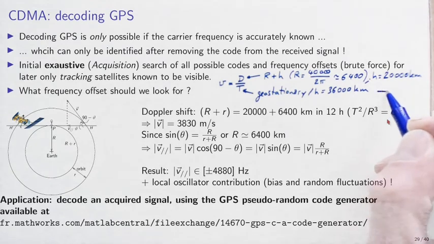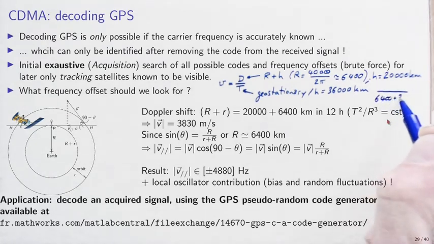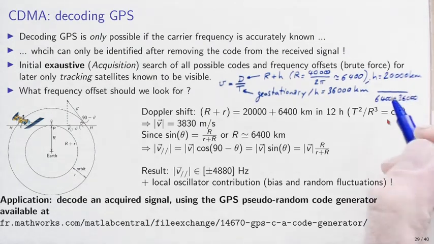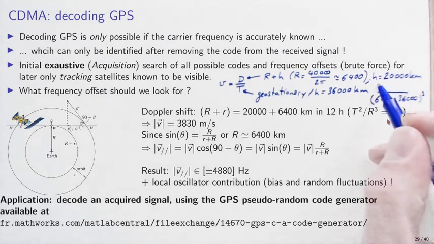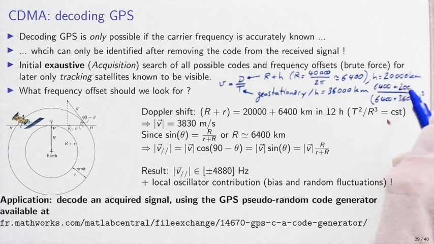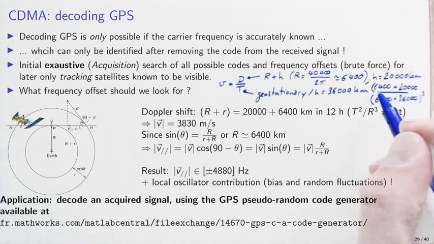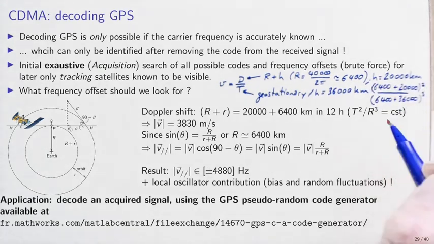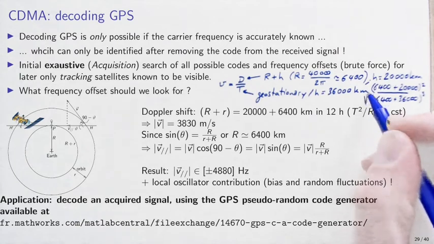Then if I consider the case of geostationary satellites, which are located at the radius of the Earth plus the altitude of 36,000 kilometers, this is taken as a cube. On the top I take the radius of the Earth plus 20,000 kilometers, the altitude of the GPS satellite, and I take the square root of this.